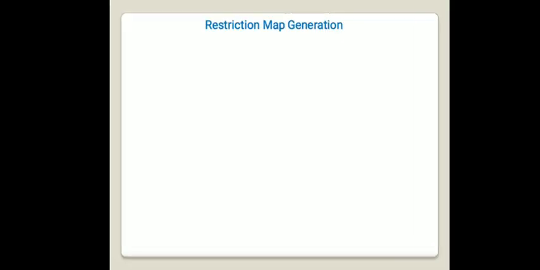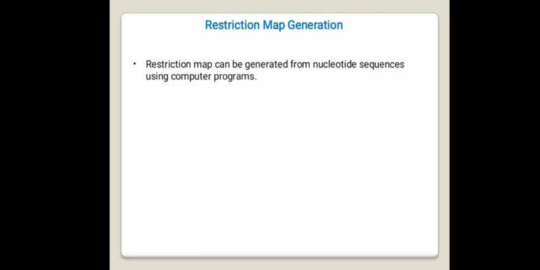Then the other application may be the restriction map generation. A restriction map can be generated unambiguously from nucleotide sequence using computer programs. Map construction is one of their most often used functions.